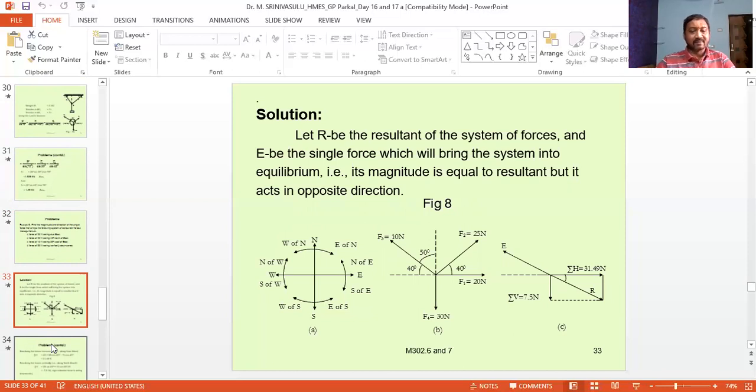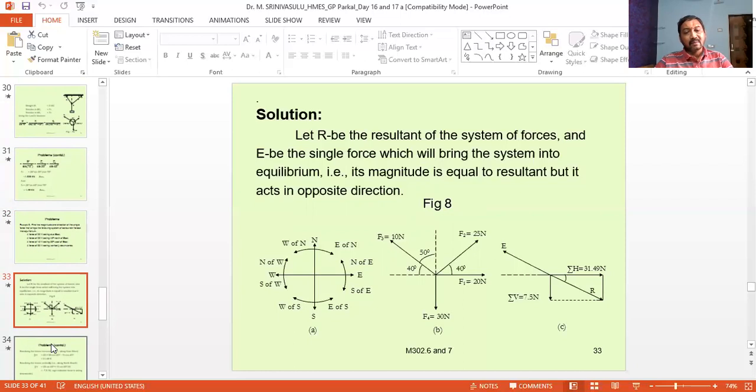Not only the forces mentioned in the problem, they can mention like this also. If it's making an angle of 20 degrees east of north, you need to take that 20 degrees from north only. East of north means the angle must be from the north.